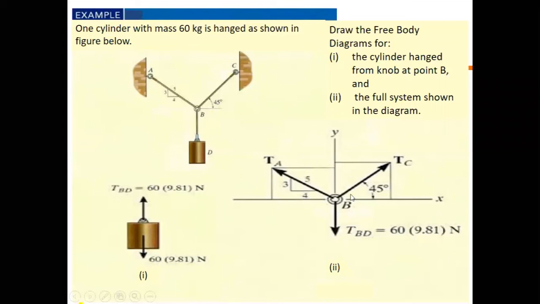Another force we can say T, tension force, TBA, okay. This is the angle we give it. So this is the free body diagram of the whole system. No need to draw this rectangle. You can just show the forces acting and show the axes X and Y.